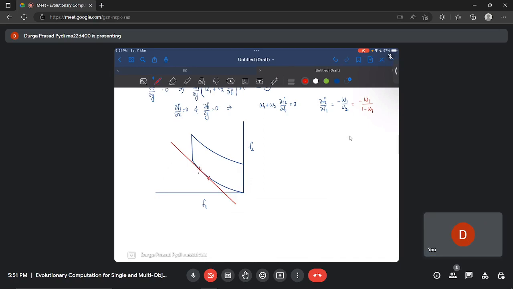Yeah, but the problem is, if you get only one point, which essentially is one tangent, can you be rest assured that you are always getting one Pareto solution? Let me give you one example. Say you have a curve something like this.